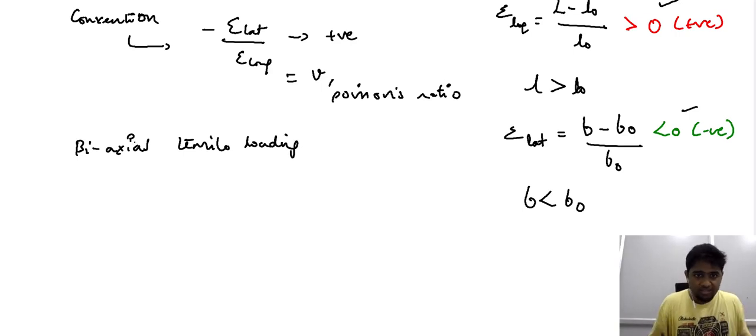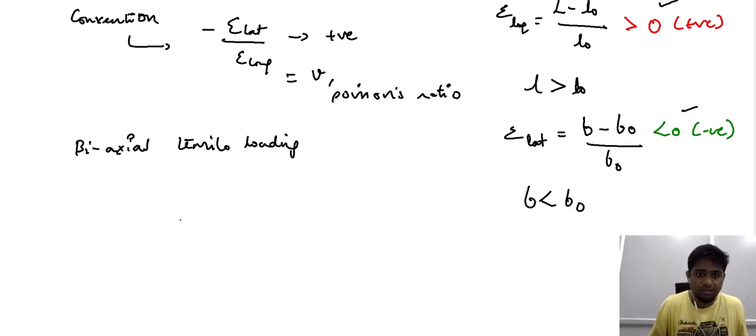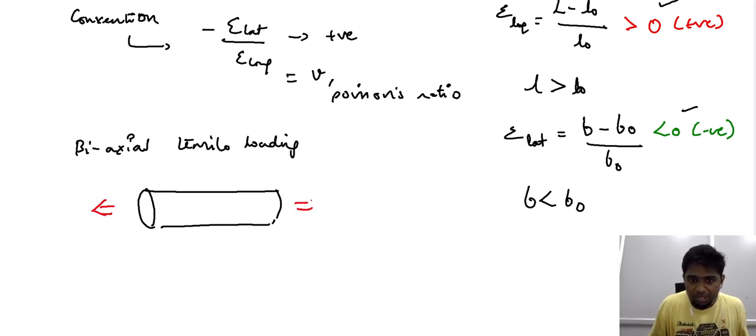So far we have been restricting ourselves to uni-axial tensile loading. Now we want to extend our discussion to the bi-axial tensile loading. So uni-axial tensile loading, we described as a tensile load that has been imposed along the length of the sample that we have.